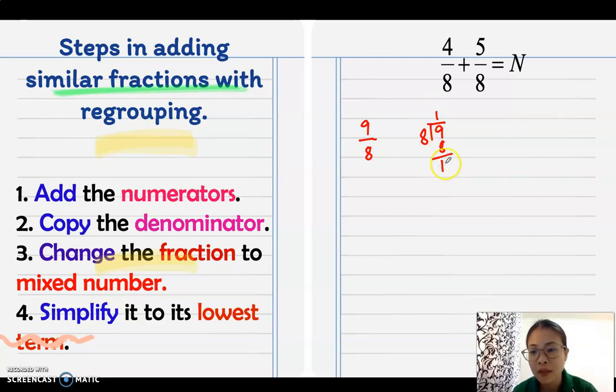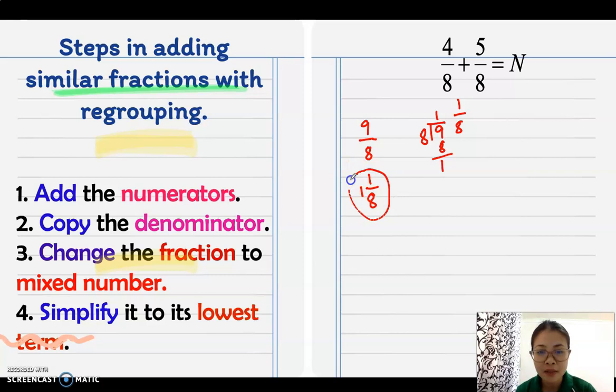So the remainder is 1. This remainder is part of the whole, and that is our new numerator. The 1, the quotient, is the whole number, and then you just copy the denominator, which is 8. Therefore, 9/8 is equal to 1 and 1/8.